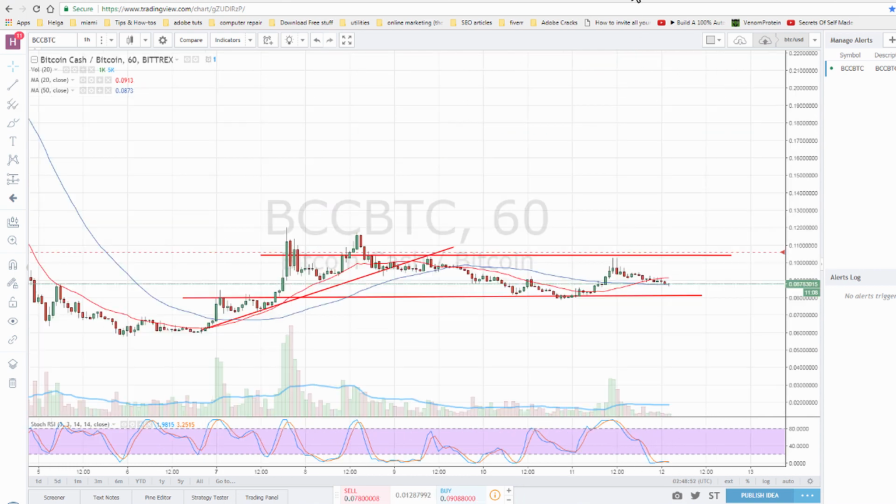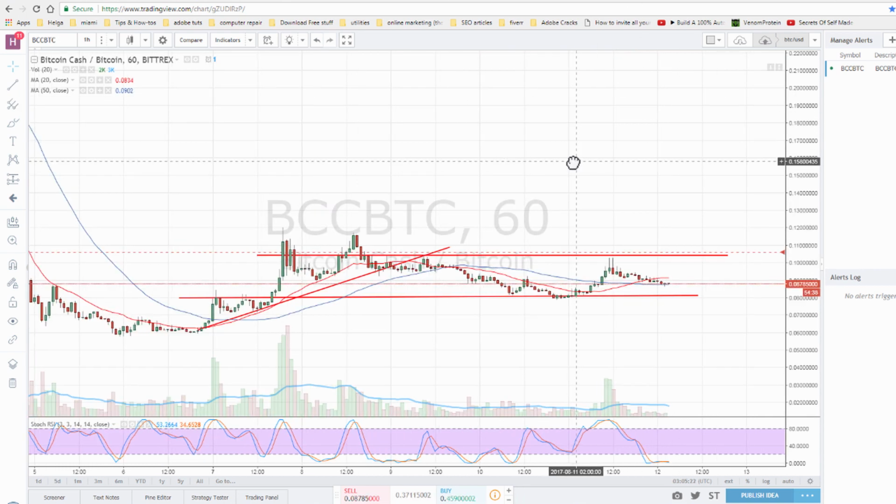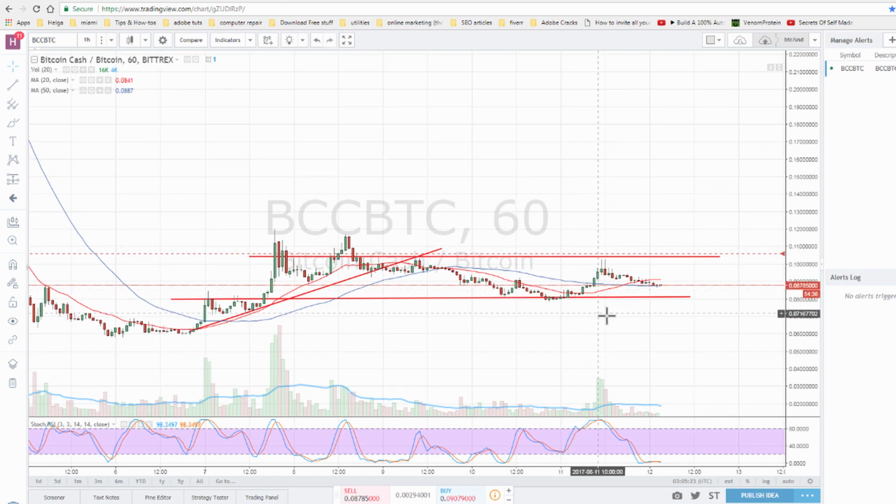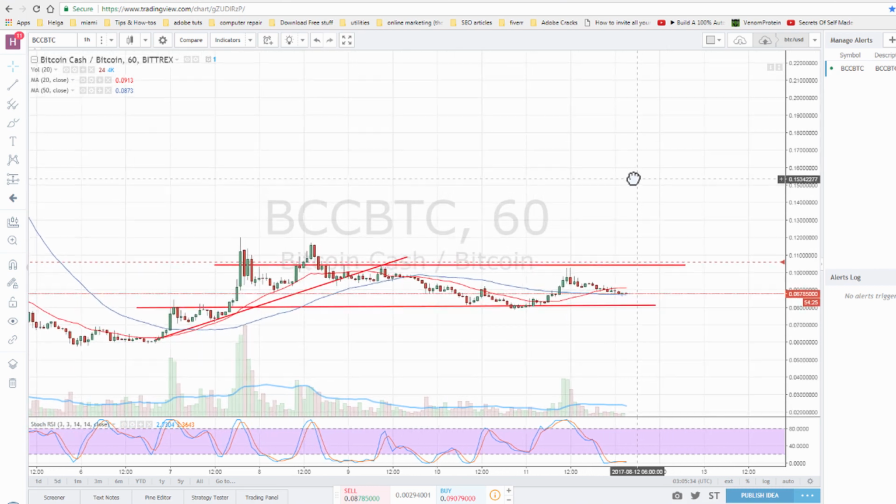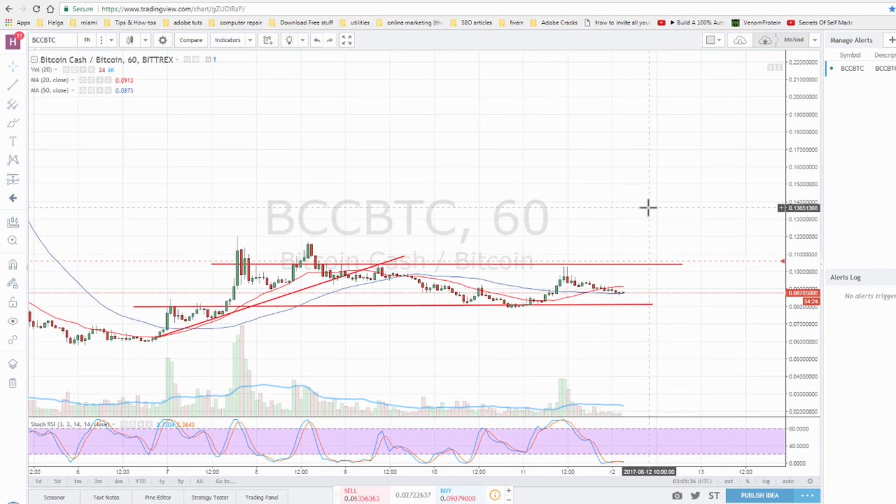And now Bitcoin Cash. People are asking me, is it safe to go into Bitcoin Cash again? No, in my view, it's not right now for the short term. I believe in it for the long term, just like I believe in Bitcoin for the long term, if nothing catastrophic happens when Segwit is implemented and Bitcoin Segwit continues to be the main one.